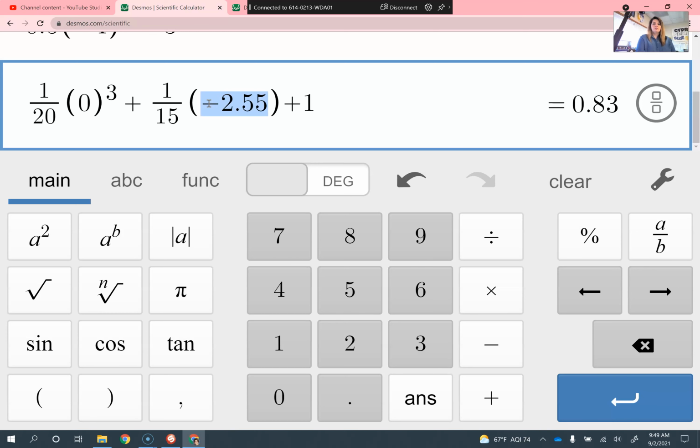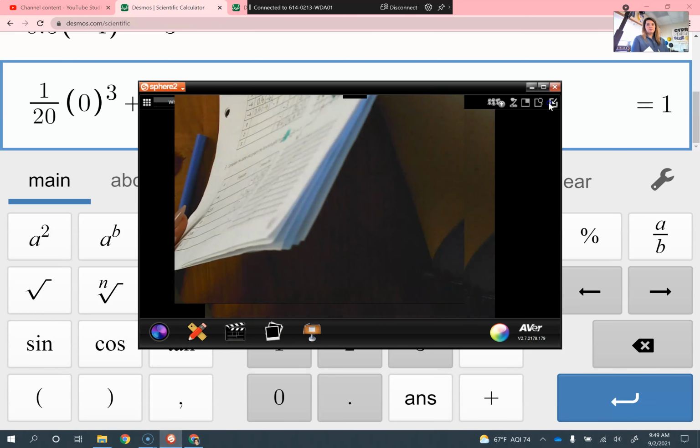It is 1. So we have a point at 0, 1. Then you plug in 2.55 positive.